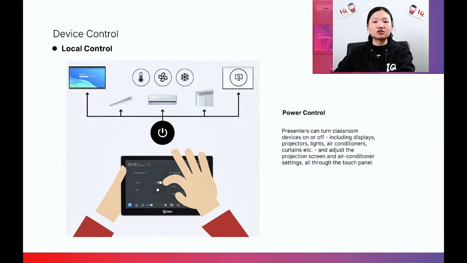They can also control the raising and lowering of the projection screen, as well as adjust the temperature and operating mode of the air conditioner. This gives presenters full control of the classroom environment with just a few simple touches.